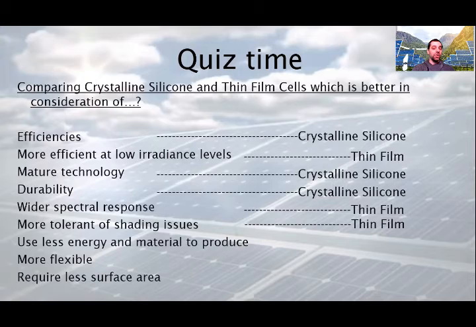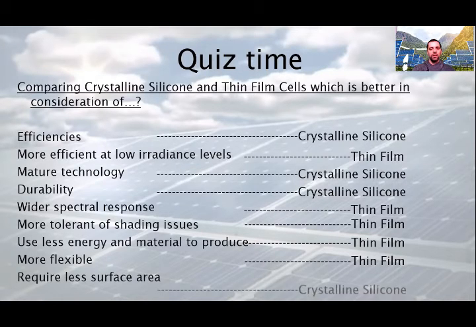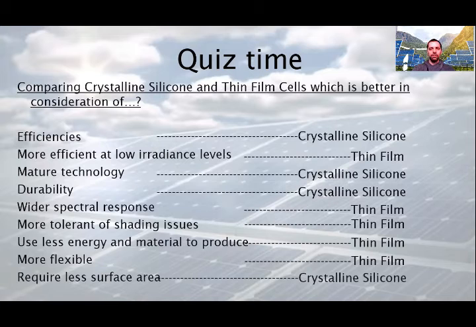Use less energy and material to produce. Also, thin film is better. More flexible. The same, thin film. Require less surface area. It is the crystalline silicon.